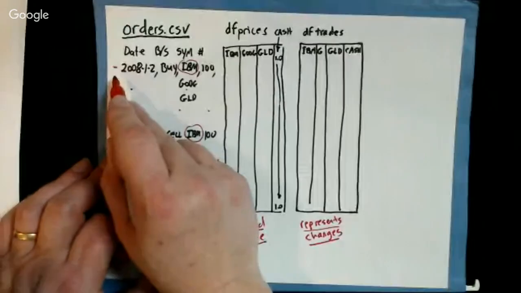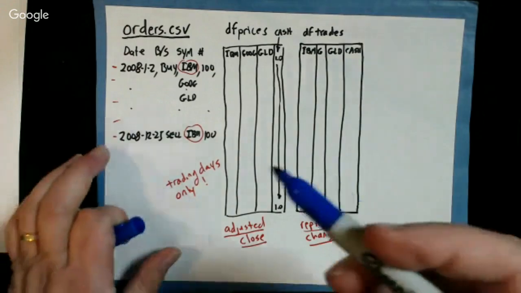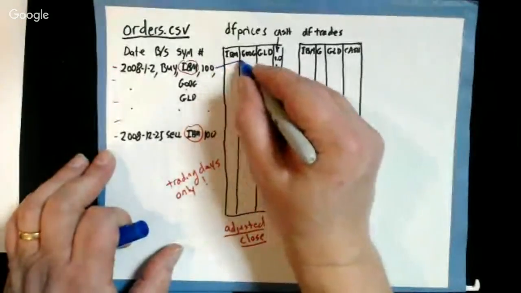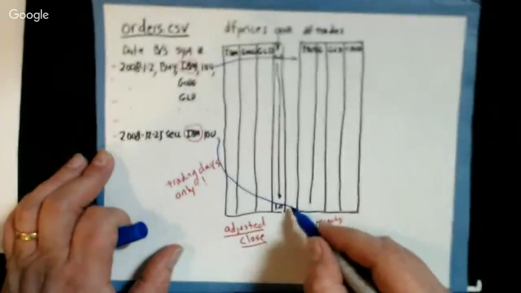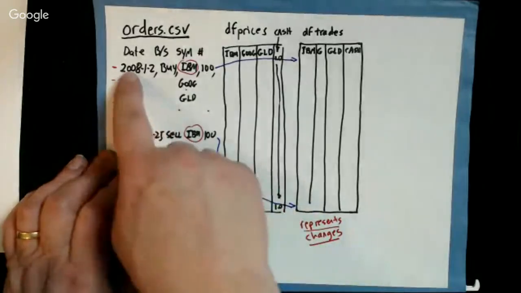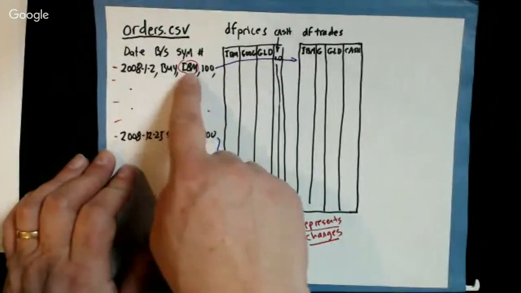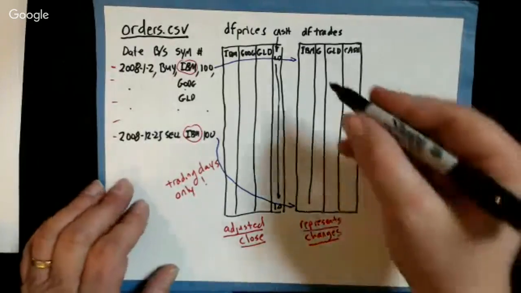So on this first date, let's assume that I'll draw a line over here. This first date is here, and we'll say this last date is here. On this date of our first trade, we gain 100 shares of IBM.